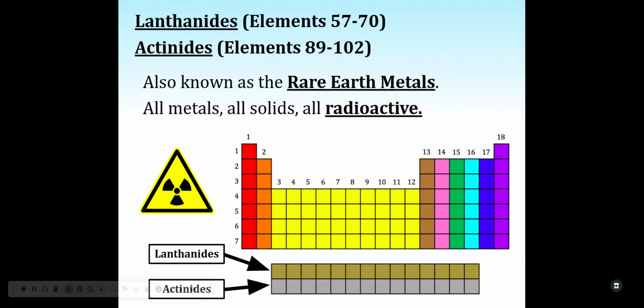And currently China has a monopoly on them, and so that's where a lot of our trade stuff comes into play. These are in short supply but very high demand. They're all metals, they're all solids, and they are all radioactive. So that's where you'll see plutonium and uranium down in here.